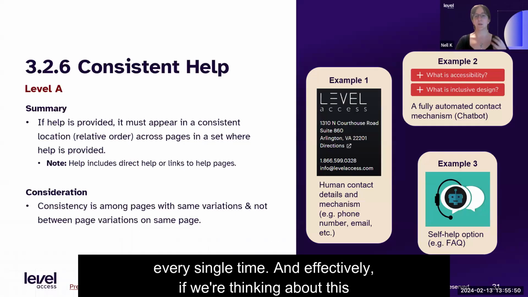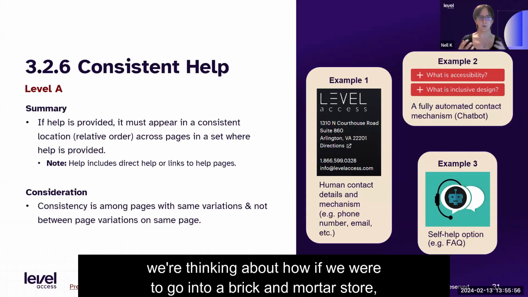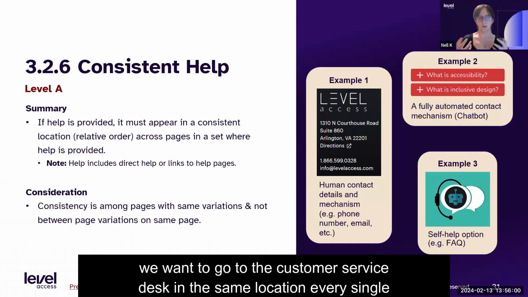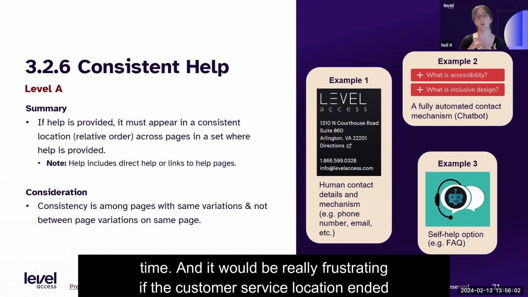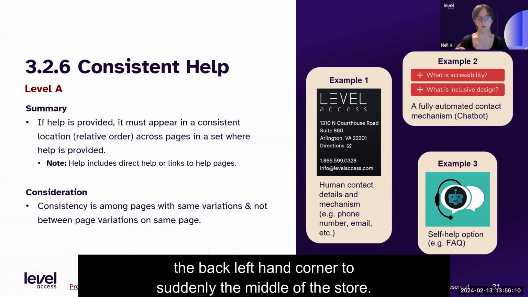And effectively, if we're thinking about this from an analogy, we're thinking about how if we were to go into a brick and mortar store, we want to go to the customer service desk in the same location every single time. And it would be really frustrating if the customer service location ended up changing from the front right-hand corner of the store to the back left-hand corner to suddenly the middle of the store.